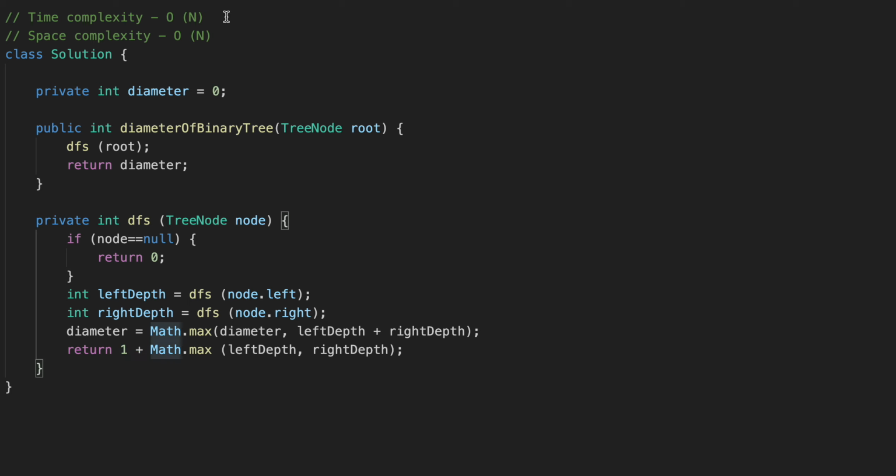The time complexity is O(n), because we are visiting every node. And the space complexity is determined by the height of a binary tree, and in the worst case it's going to be O(n).